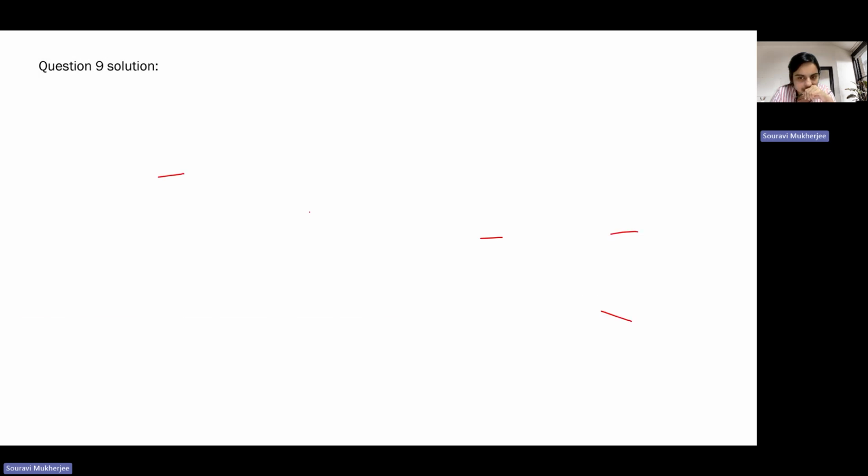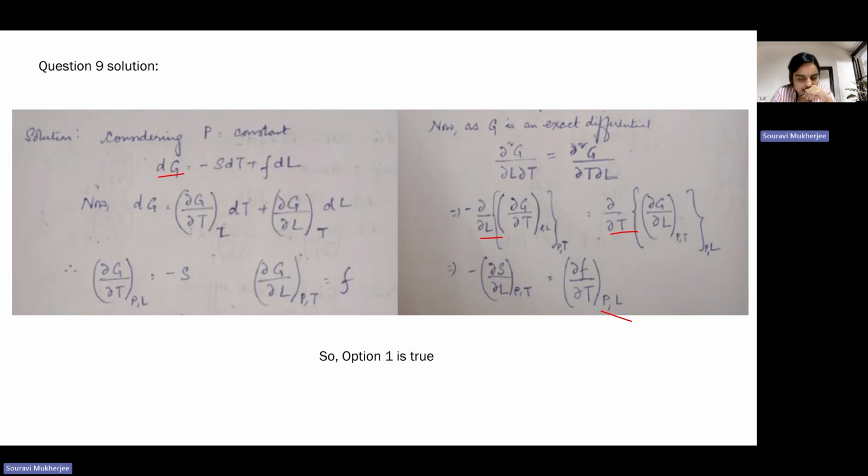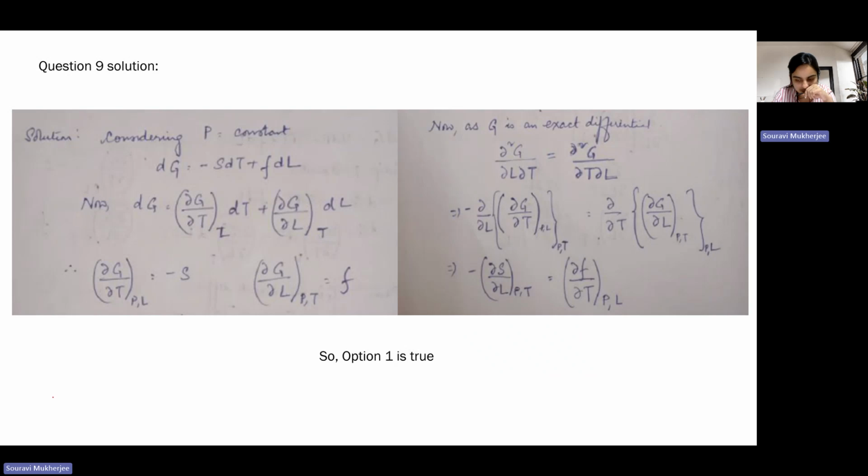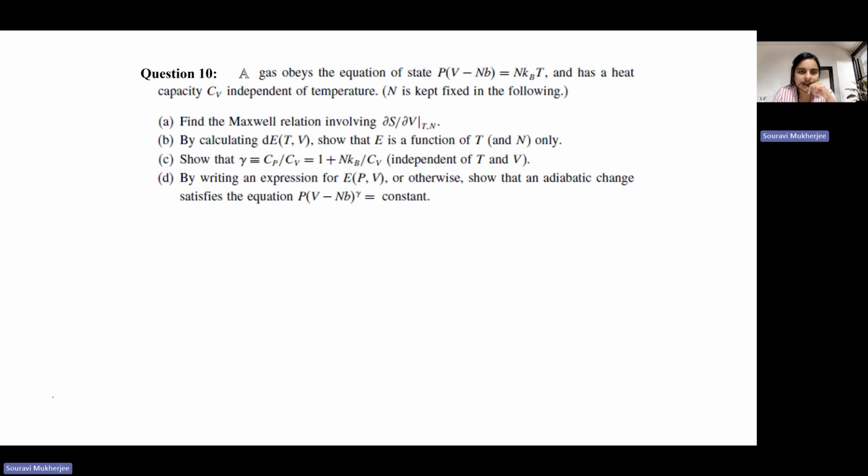Okay, so this very idea of choosing the correct thermodynamic potentials, looking at their differential form, using the definitions of partial derivatives, and using the fact that state functions are exact differentials and the order of differentiation does not matter, will be very useful in addressing this kind of questions. Okay.